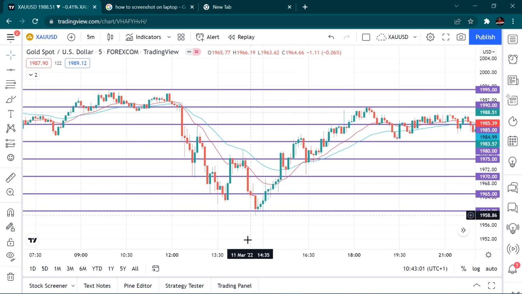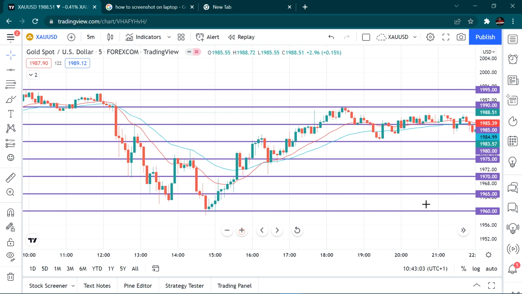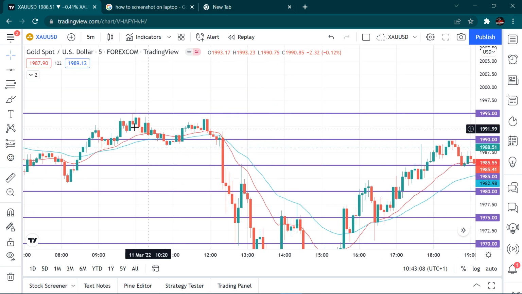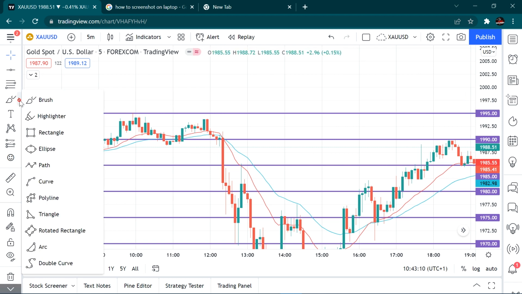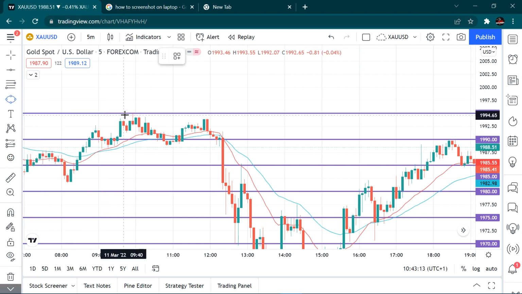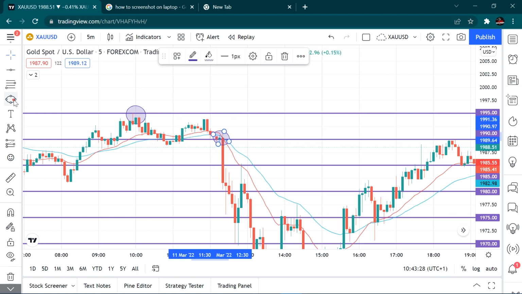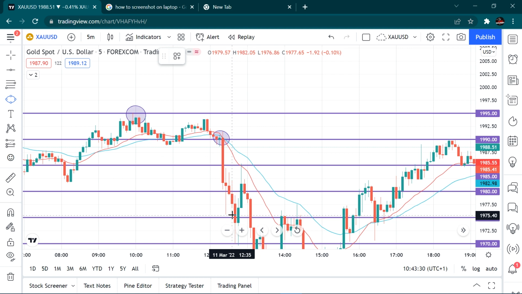So if you look closely at these psychology levels, let me zoom it in. Market tends to react whenever it gets to these zones. You see, when market got to this area, it reacted. When it got to this point here, it reacted. It played around before breaking it.